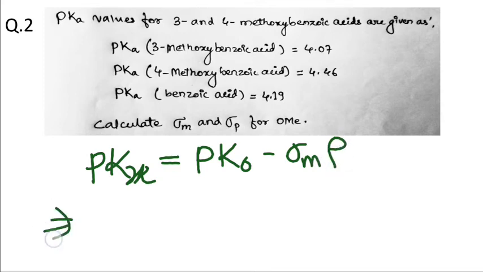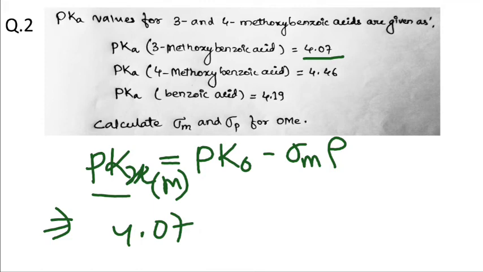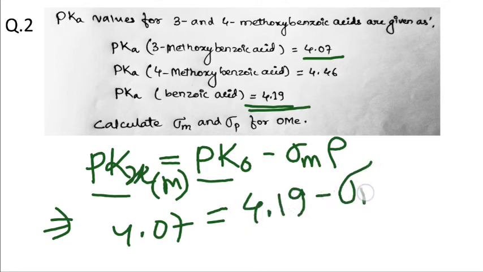So the pKx, if it is meta then it is m here. So for the meta position, that means 3-methoxybenzoic acid, we have the pK value as 4.07. So 4.07 is equal to pK naught, that means for unsubstituted benzoic acid 4.19, minus sigma m into rho.